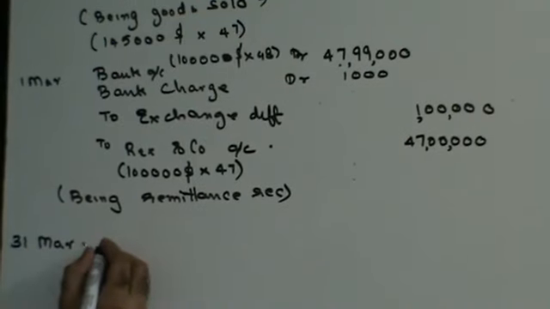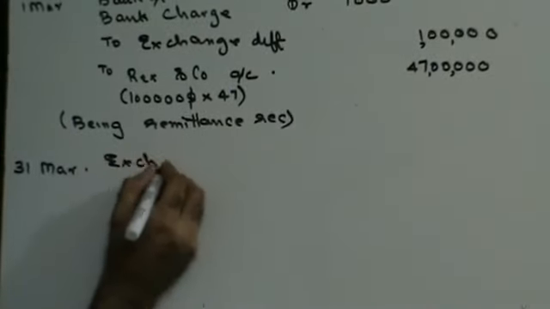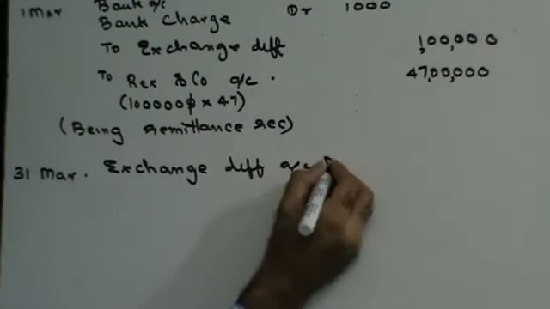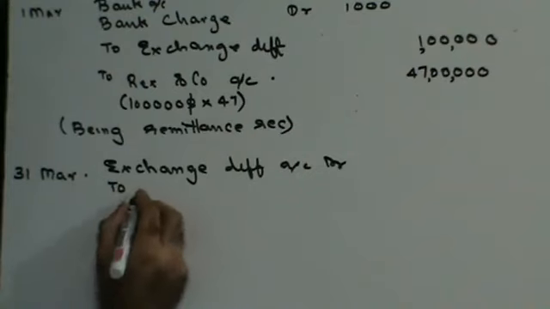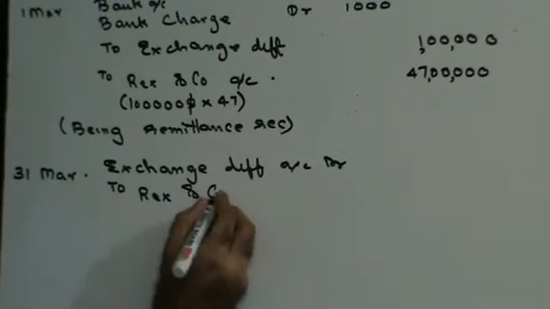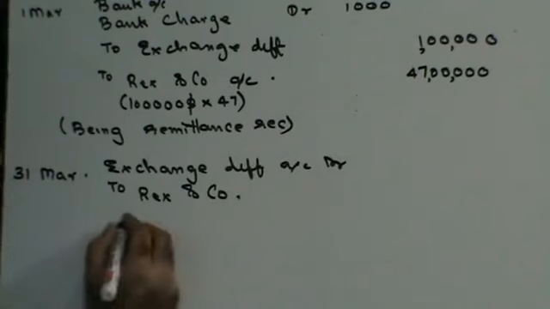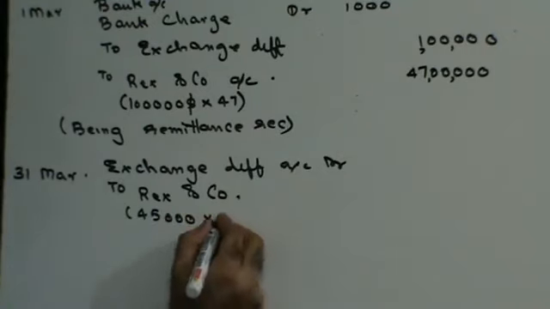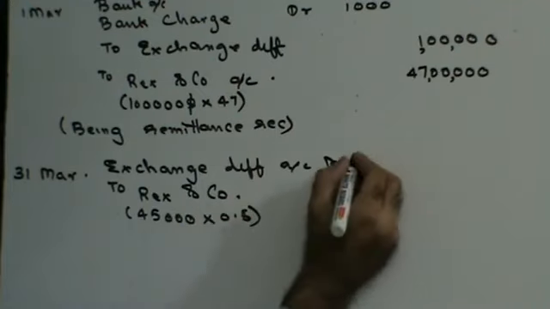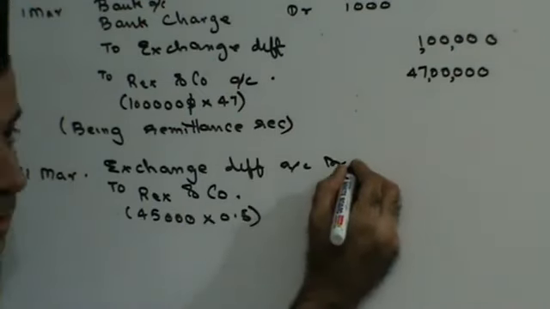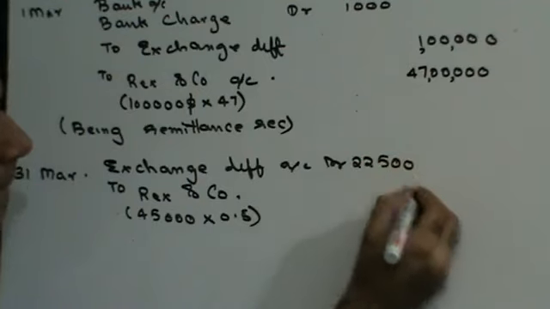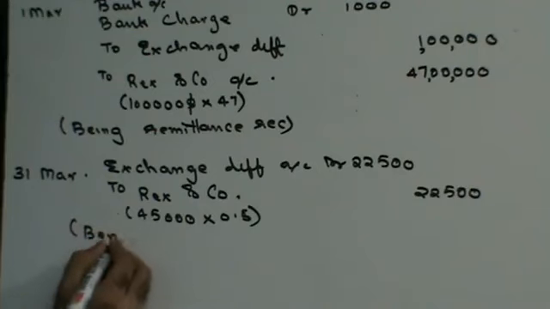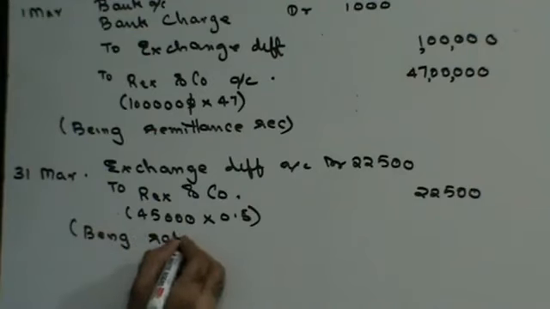Loss means exchange difference on the debit side. So exchange difference account debit to Rexon Company, $45,000 at a loss of 50 paisa. Someone please tell me how much it is? 22,500. Being rate changed.